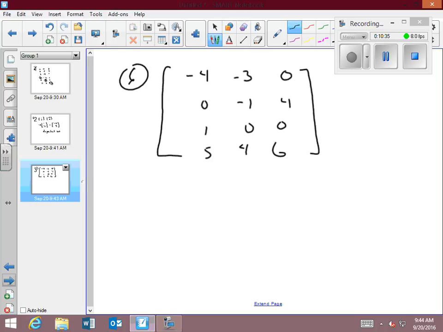Now you can see the number of columns is greater than the number of rows, so it could be independent or dependent. And so theorem 8 doesn't apply, so we're back to trying to put this in some sort of echelon form.